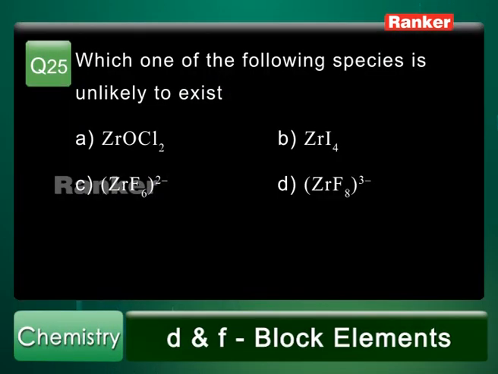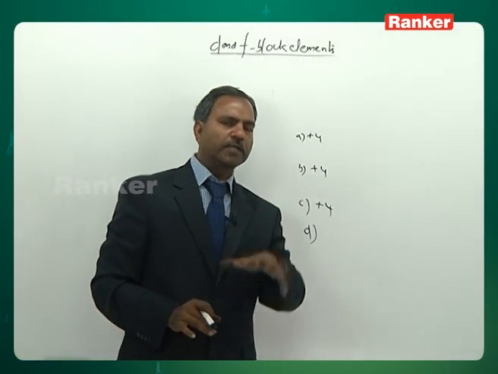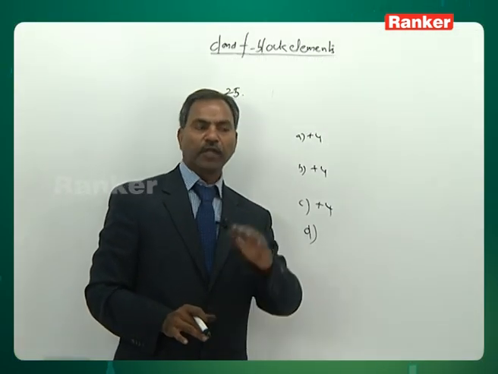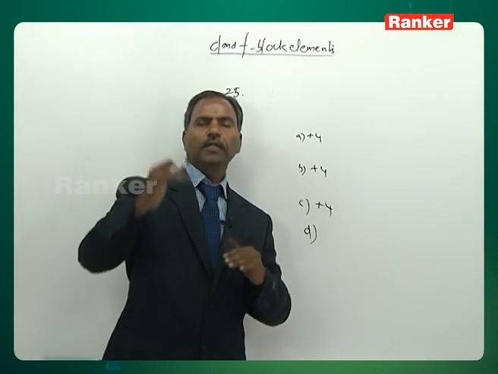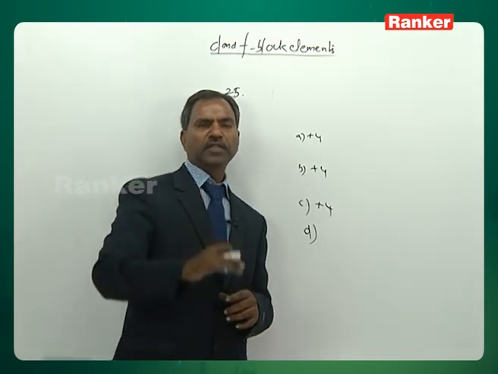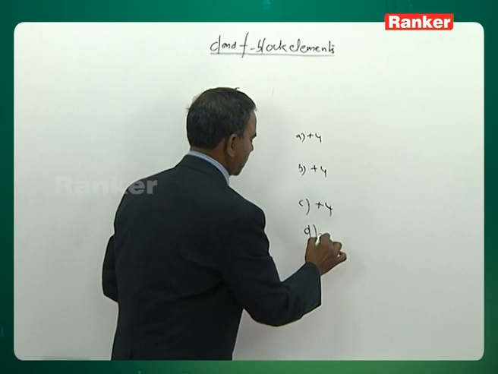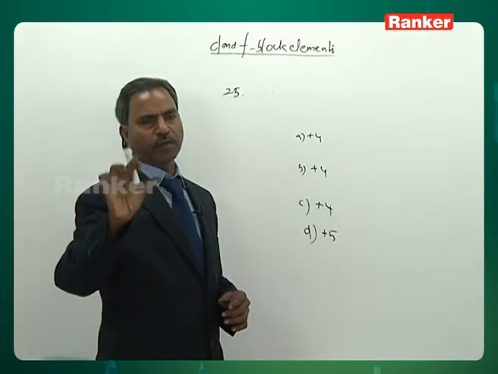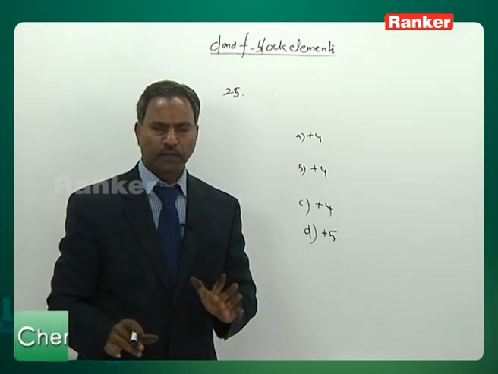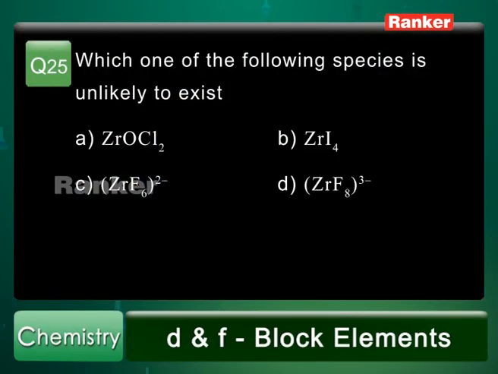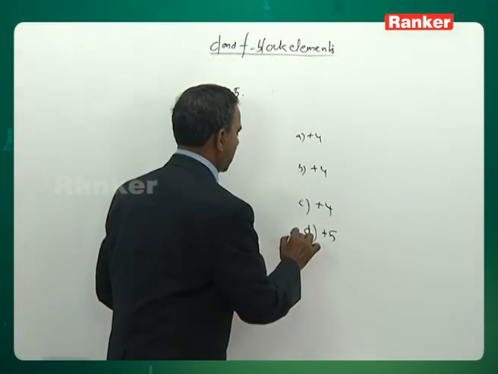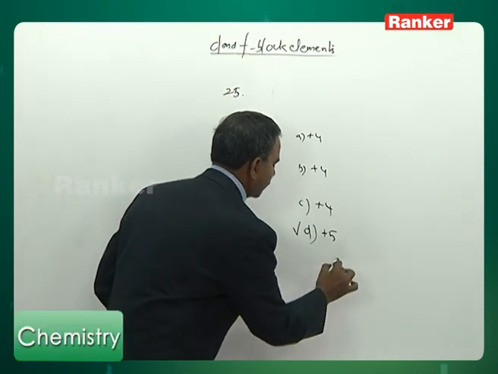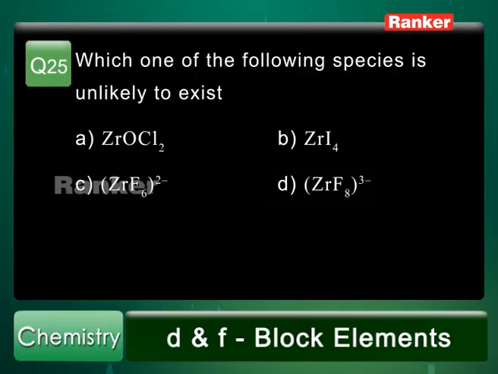Coming to option D, [ZrF8]3-: inside the bracket 8 fluorines, outside the bracket -3. By this you can say zirconium is +5. The maximum oxidation number possible for zirconium is only +4, but option D comes to +5. So this is unlikely to exist. So the answer is D.